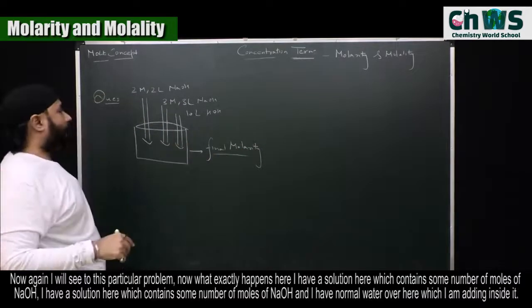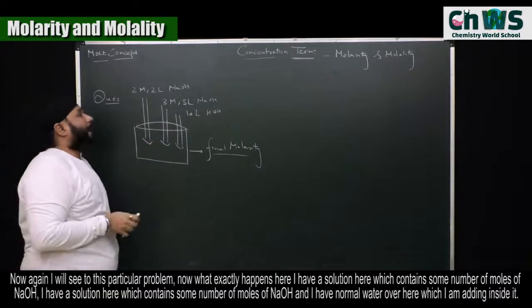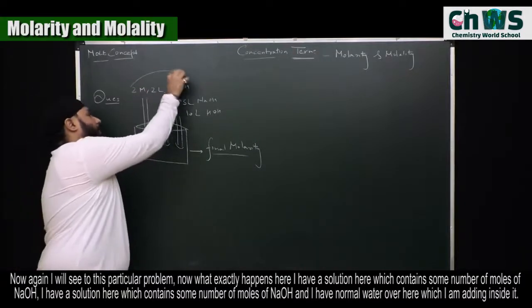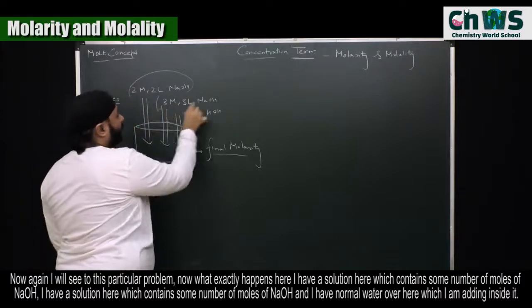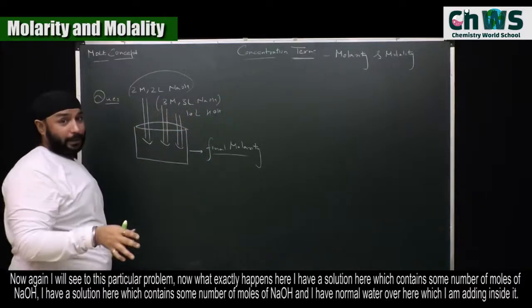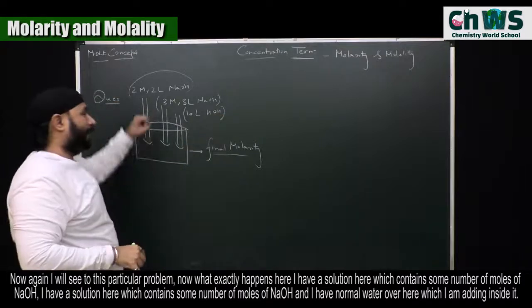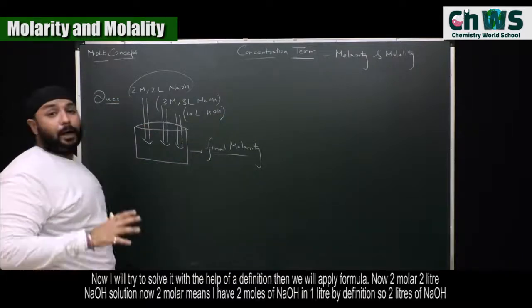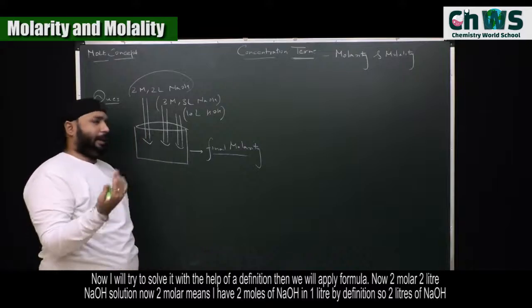Now again, I'll look at this particular problem. What exactly happens here? I have a solution which contains some number of moles of NaOH. I have another solution which contains some number of moles of NaOH. And I have normal water which I'm adding to it. Now I'll try to solve this with the help of a definition, then we'll apply a formula.